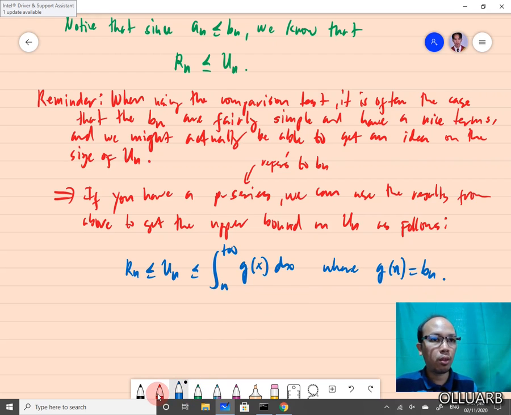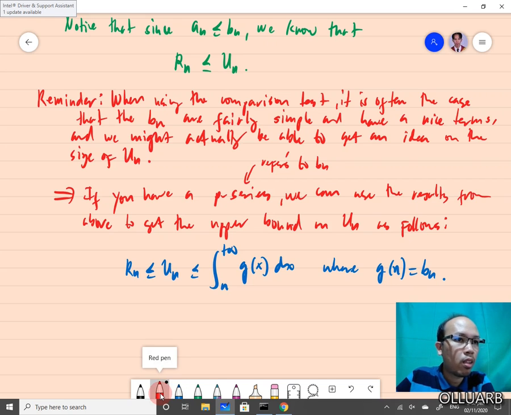But if the series you compare, so the b sub n, is a geometric series, then we can compute the u sub n exactly.